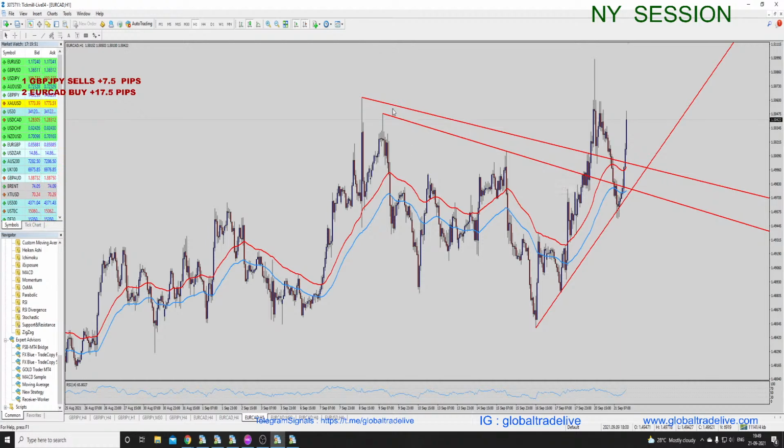That means this 1 hour information was correct. So the third time it tapped on this trend line and rejected that trend line, that means this was a high and it's just going up to test this high.